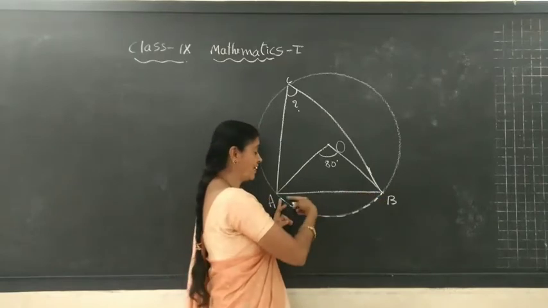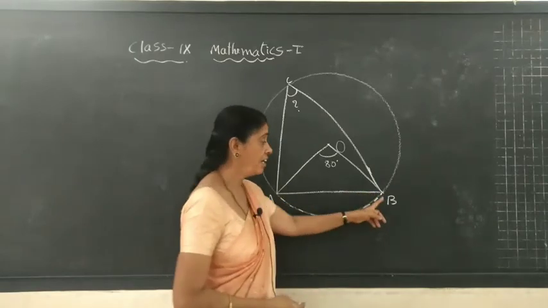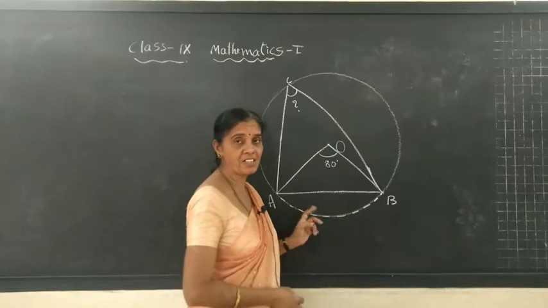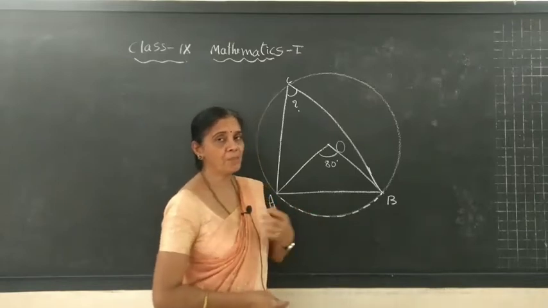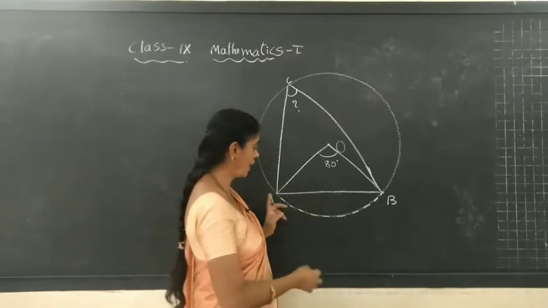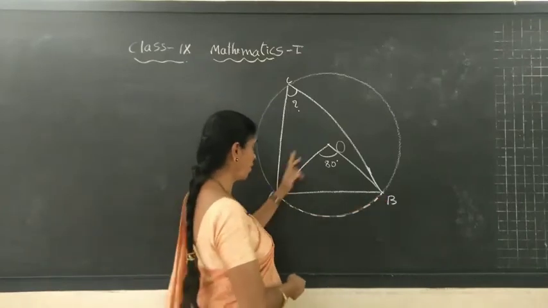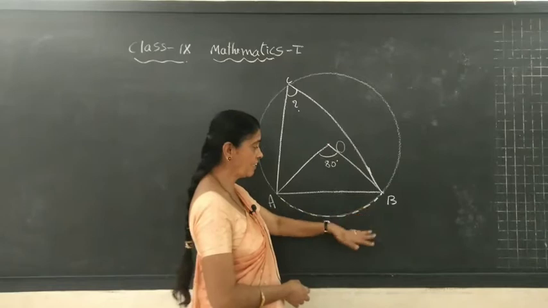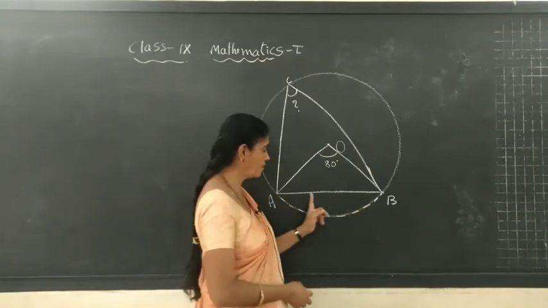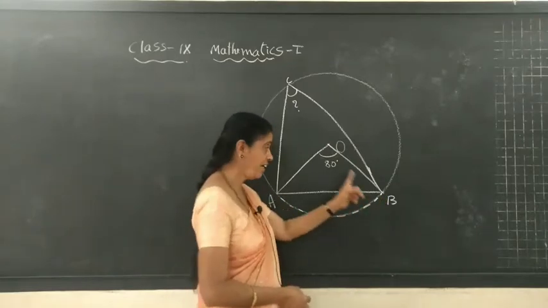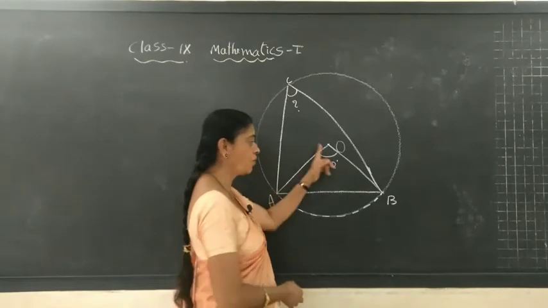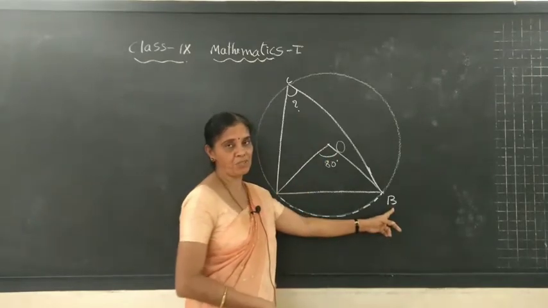Even though one extra chord has been drawn joining the endpoints of the arc, the angle subtended by the arc AB at the center is AOB, or it is nothing but the angle subtended by the chord AB at the center, which is also AOB. It is one and the same now, right?